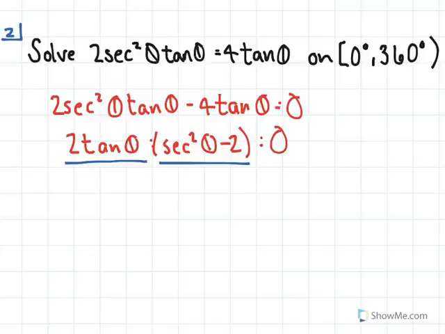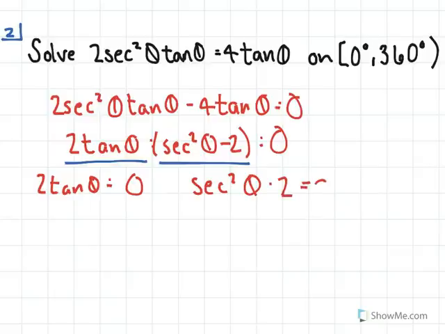So we can do kind of like we did in the first part. We know that either 2 tangent of theta equals 0 or secant theta minus 2 equals 0, and we can just solve for theta.